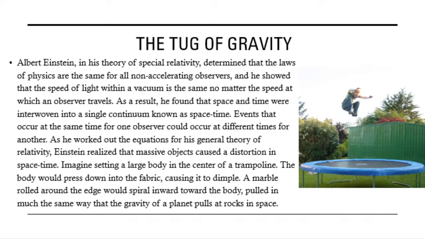That's why this theory is also called the space-time distortion. Events that occur at the same time for one observer could occur at different times for another. As he worked out the equations for the general theory of relativity, Einstein realized that massive objects cause a distortion in space-time, like I said in the introduction.